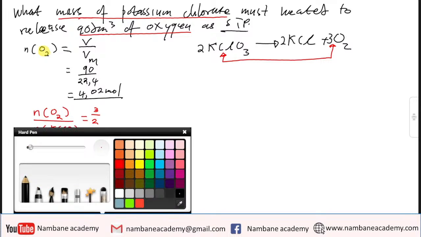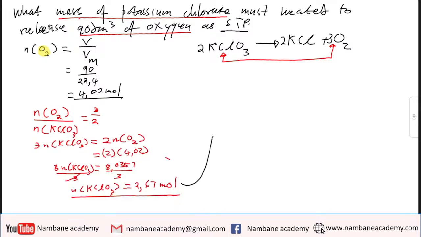But when I have the number of moles, ladies and gentlemen, it's easy to say now n of KClO3 is equal to m over the molar mass, which will be the mass over, 2,67 being the moles, and I want now the molar mass of potassium chlorate.